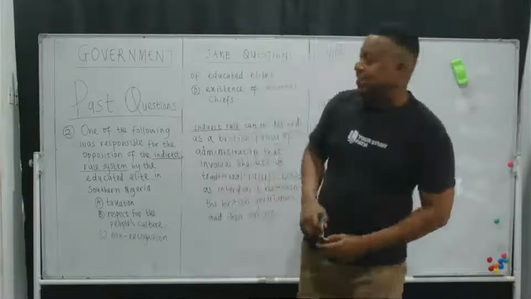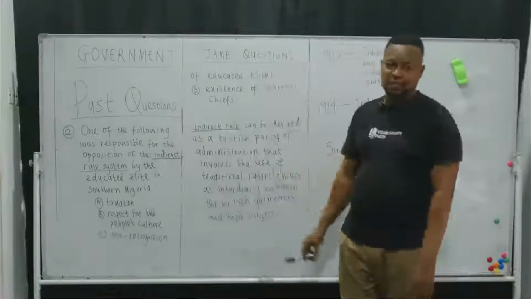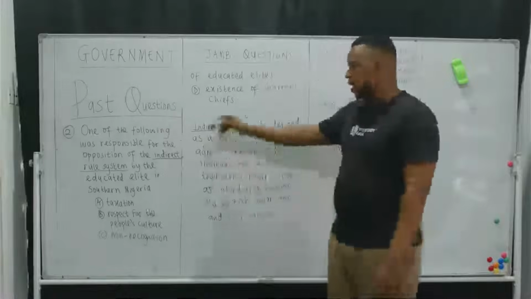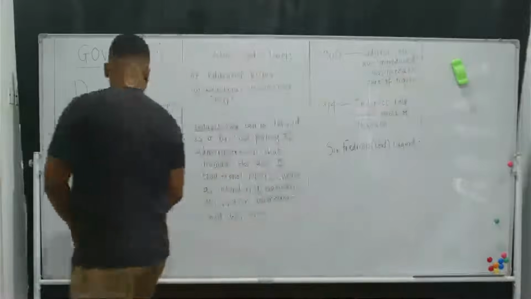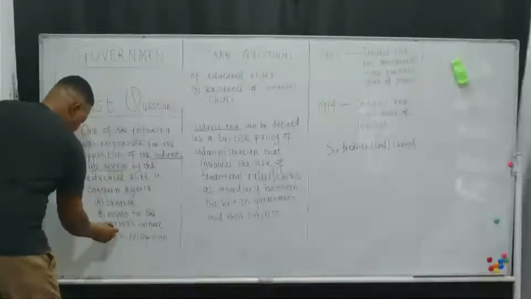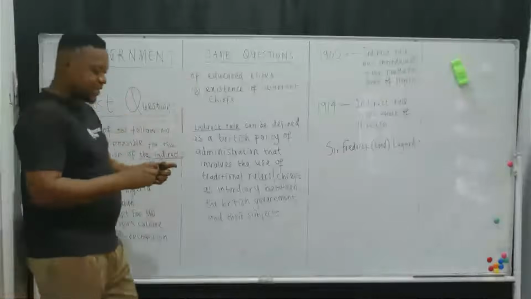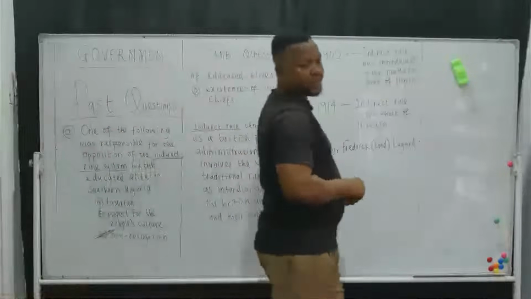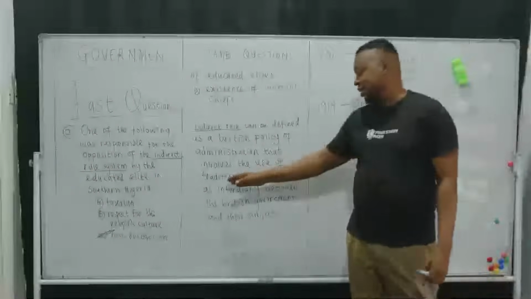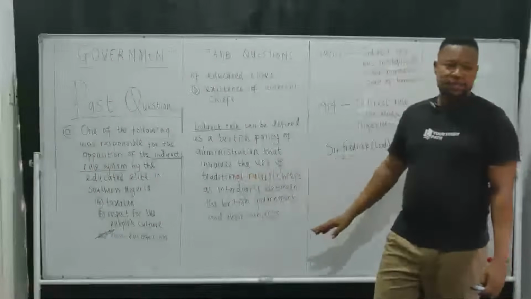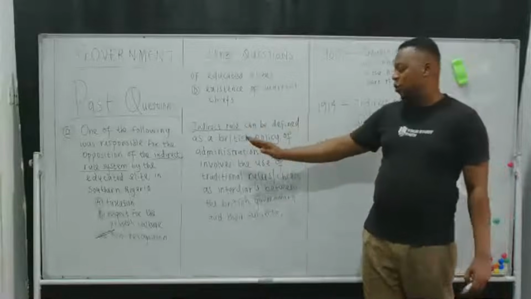Instead, the system employed the service of traditional rulers and chiefs. So if you look at the options, the right answer is non-recognition of educated elites. Instead, they made use of illiterates and traditional rulers or chiefs. So that is the right answer to question 2.